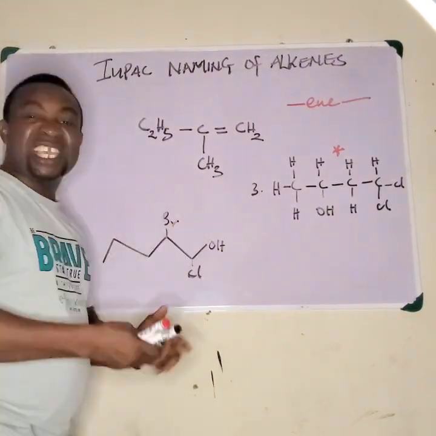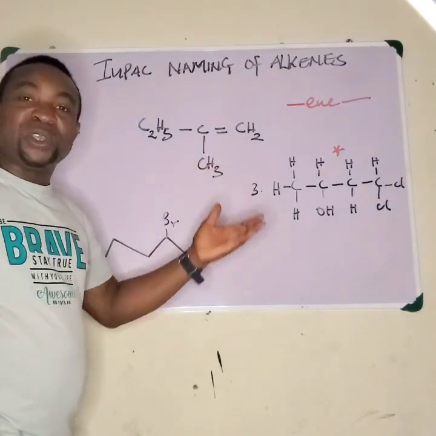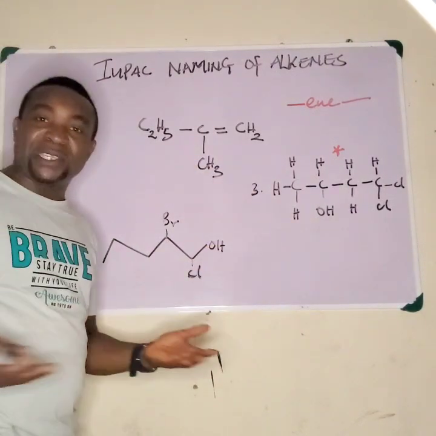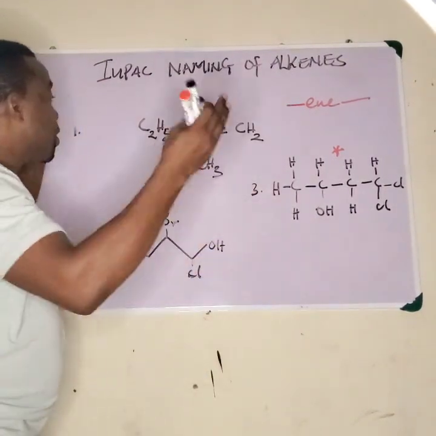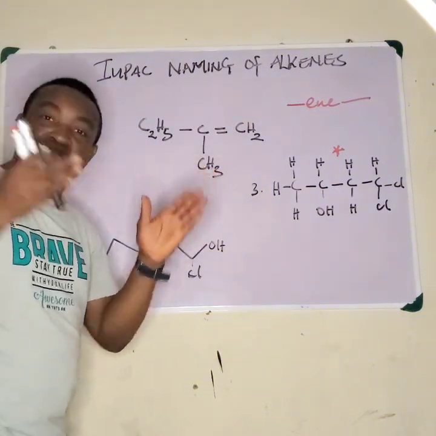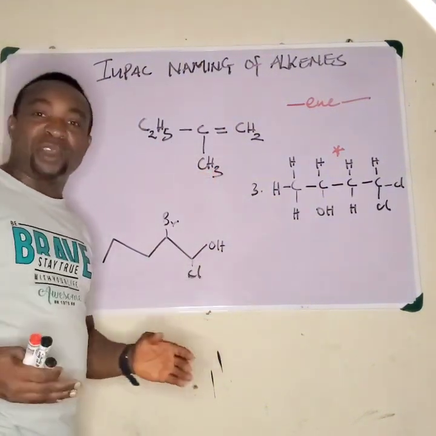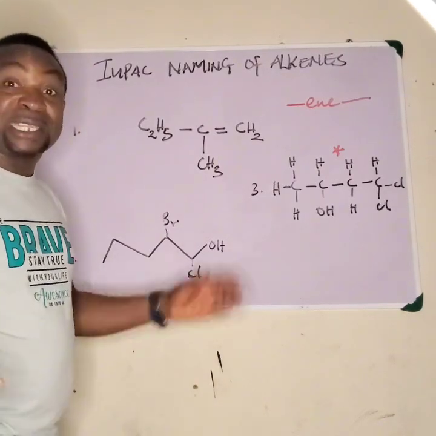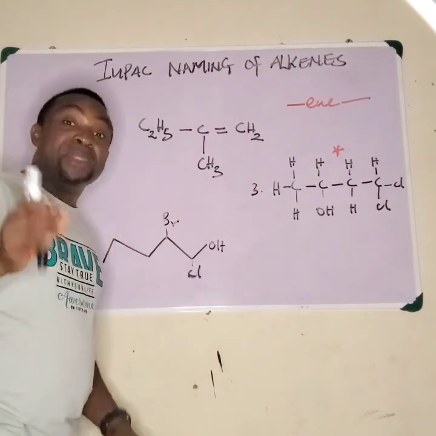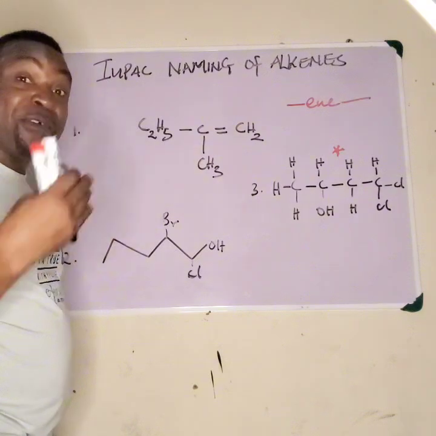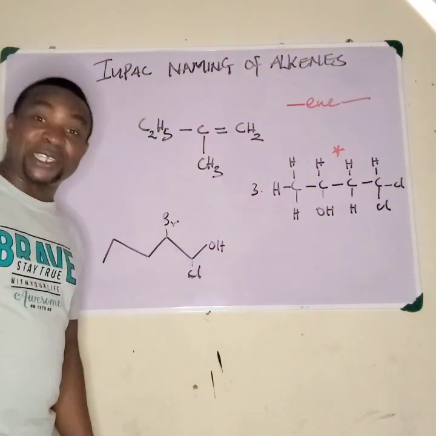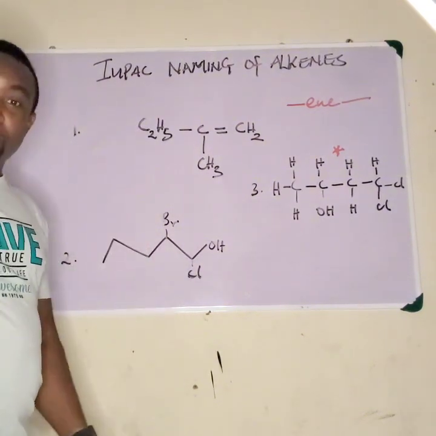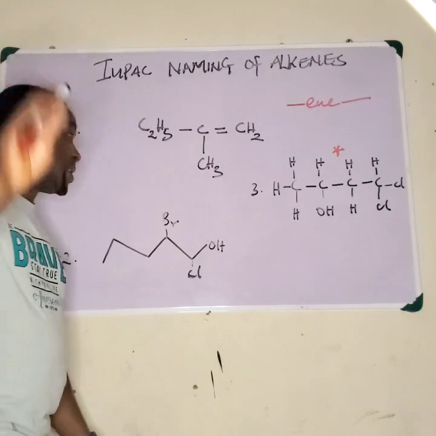Then you can present them, use your suitable suffix and prefixes, and when you have substituents in that particular parent hydrocarbon or compound, name them alphabetically. For example, all the halogens, name them alphabetically. B comes before C, so bromine must come before chlorine.